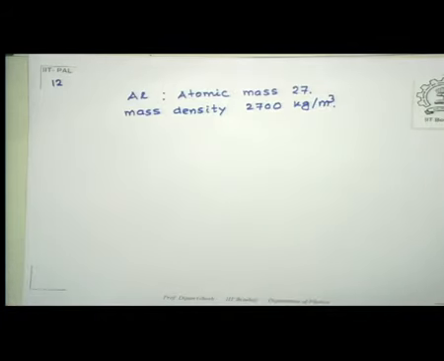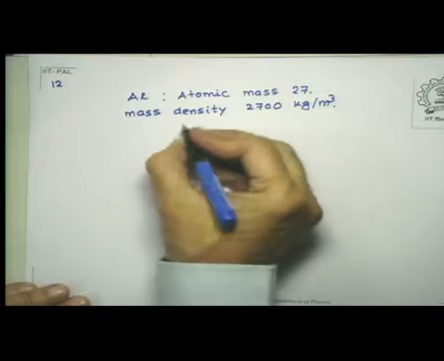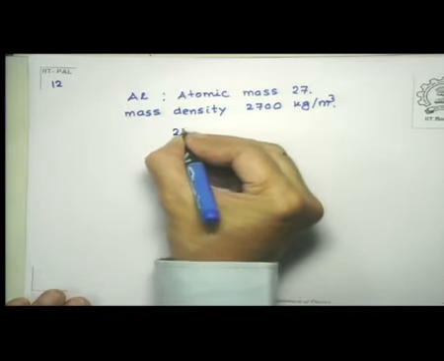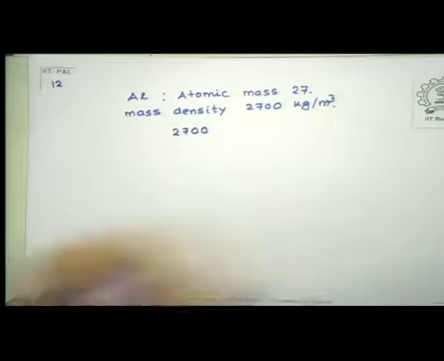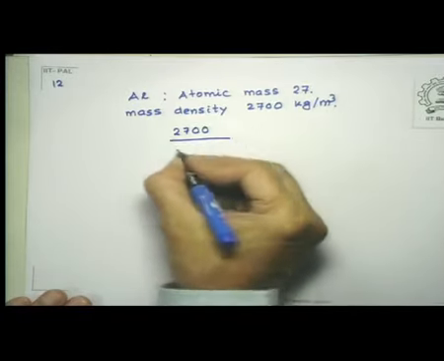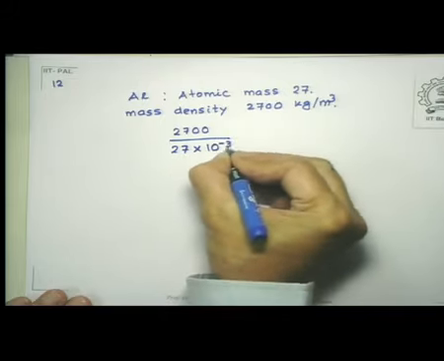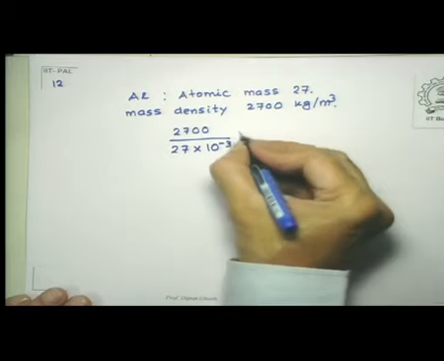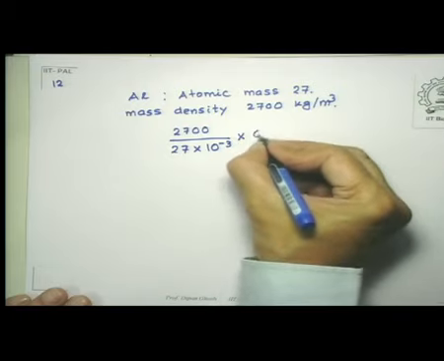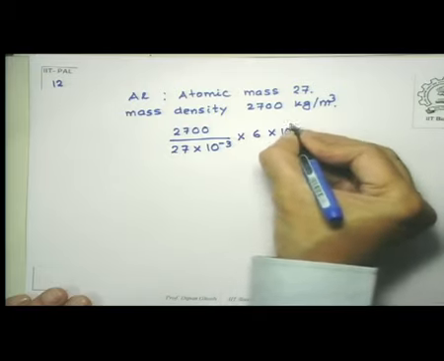We do the same calculation as we did in case of copper. So we find out how many atoms there are in aluminum, and that is clear because I have a mass density which is the mass of 1 meter cube. Then I divide it by the atomic mass, but I take care to write it in kg. The number of atoms is 6 into 10 to the power 23, the Avogadro's number.